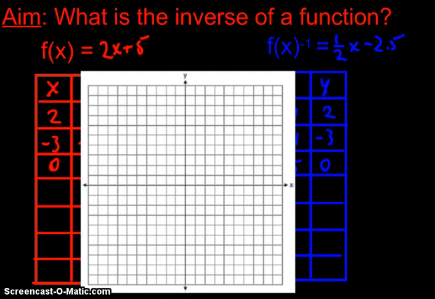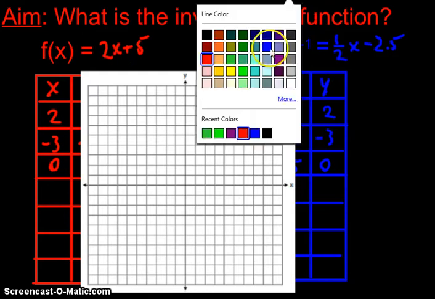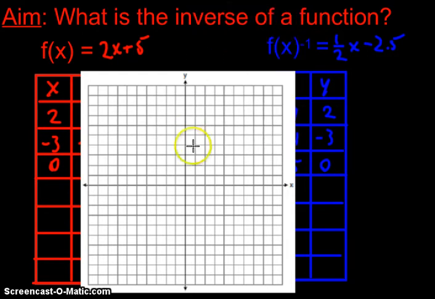So, let's take a look at the original function, f of x. Starting at 5, it goes up 2 over 1, so it's this line.